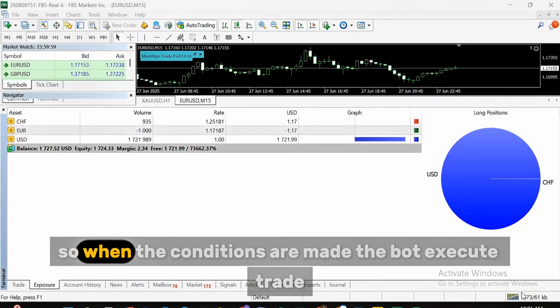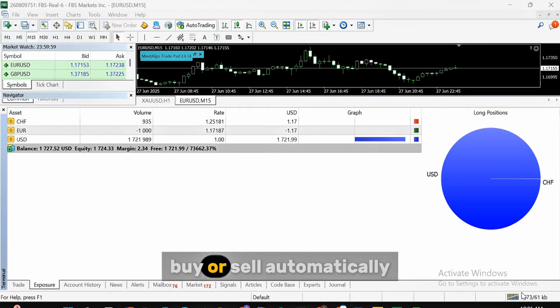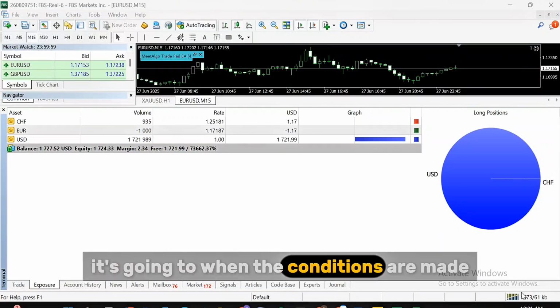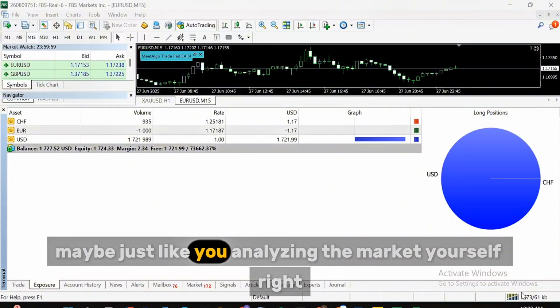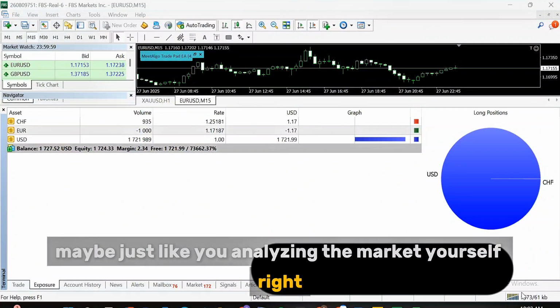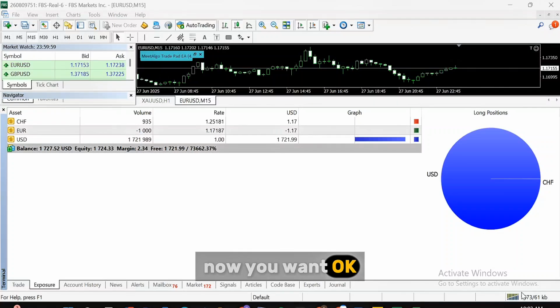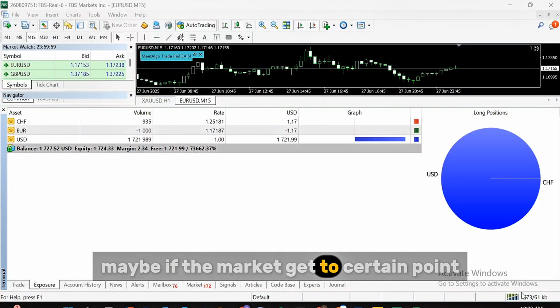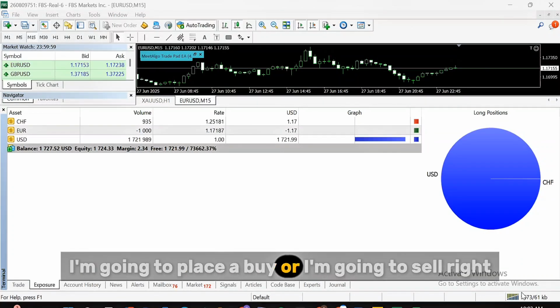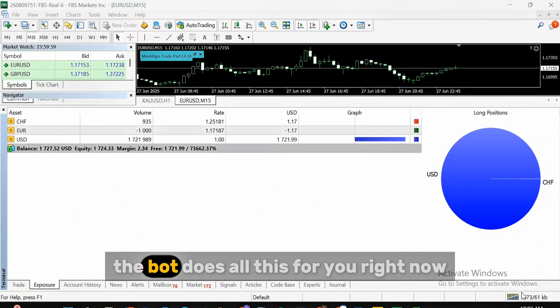When the conditions are met, the bot executes trades, buy or sell, automatically. Maybe just like you analyzing the market yourself, right? You think, okay, if the market gets to a certain point, I'm going to place a buy or I'm going to sell, something like that. So the bot does all this for you, right?